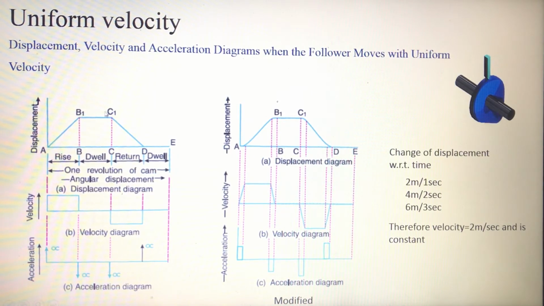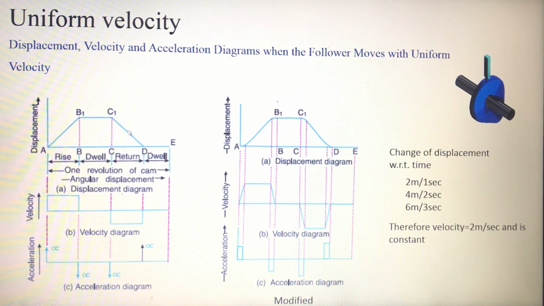And B1 to C1, what happens? There is no change in the displacement. The follower is at rest for some time. If there is no change in displacement, there is no velocity, so the velocity is also 0 for B1 to C1.